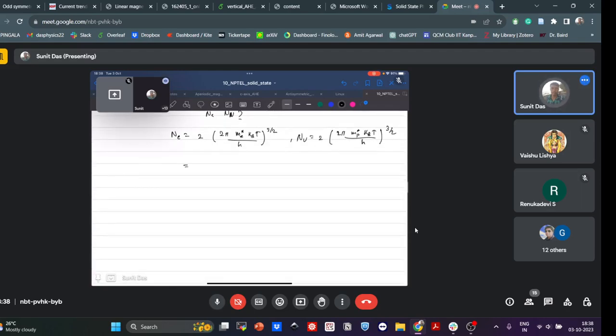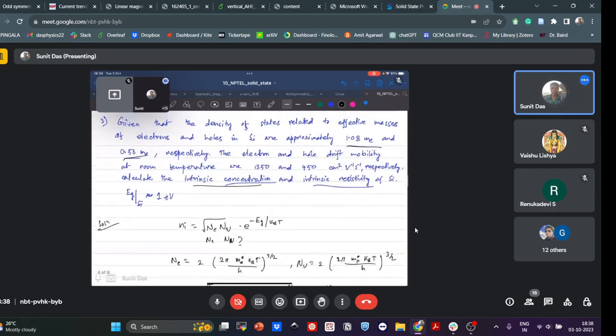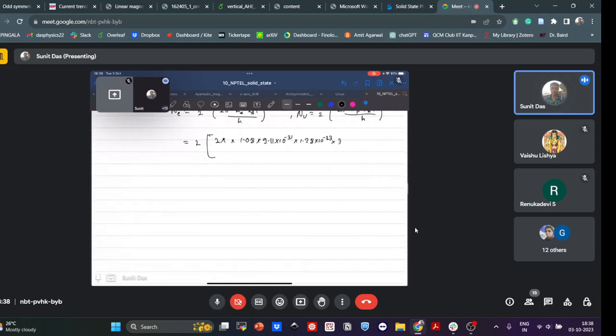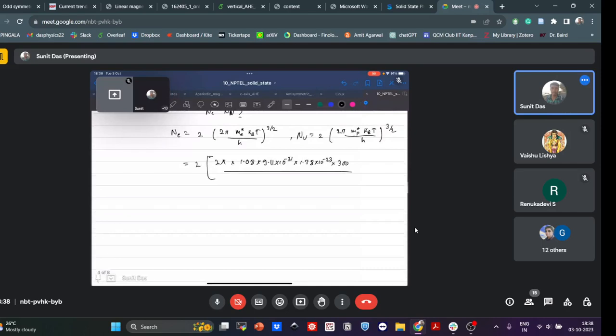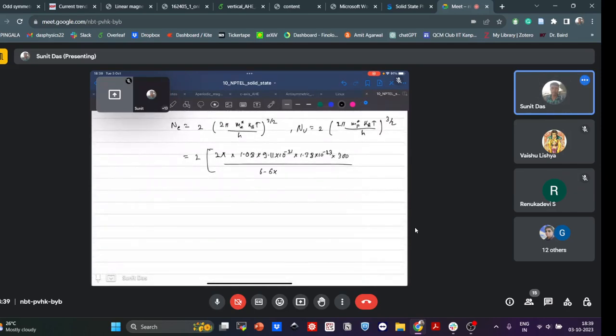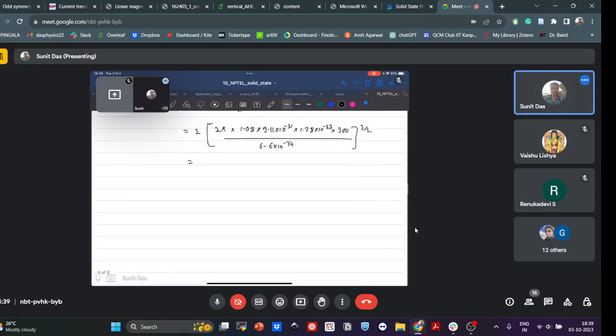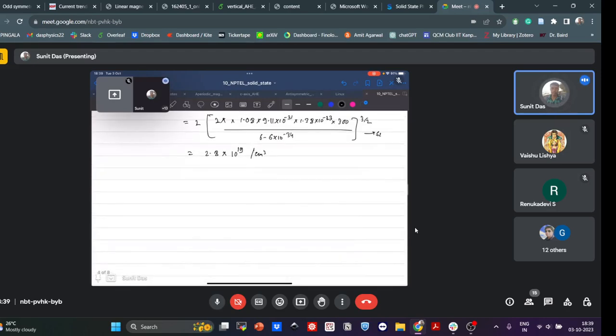If we put in all these values, 2 pi into 1.08 into the electron mass, 9.1 into 10 to the power minus 31, into 1.38 into 10 to the power minus 23 into temperature, which is room temperature, or since nothing is mentioned we assume 300 Kelvin, and h, this Nc comes out to be 2.8 into 10 to the power 25 per meter cube. This is in SI, but if we convert to per centimeter cube, then it is 2.8 into 10 to the power 19.